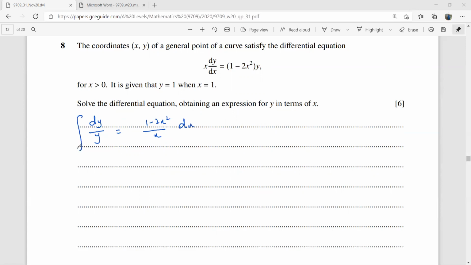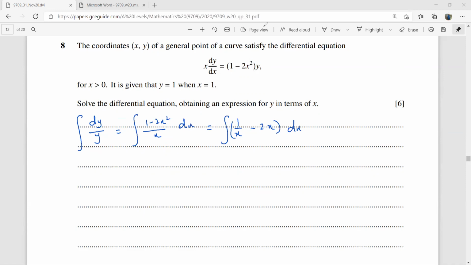So I integrate this with respect to y, and this is going to be integrated with respect to x. Now this can be split into 1 over x. This is what you have to identify, what technique has to be applied to integrate the given expression here.